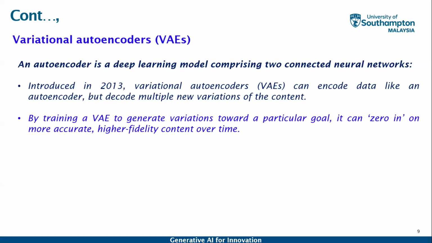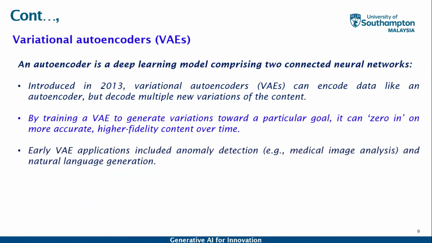This is about how we can use the variational autoencoder. Early VAE applications were anomaly detection, for example in medical image analysis or satellite image analysis, where we can't otherwise find some anomalies. Anomaly identification with the help of satellite images or medical images is what these models were especially used for earlier.